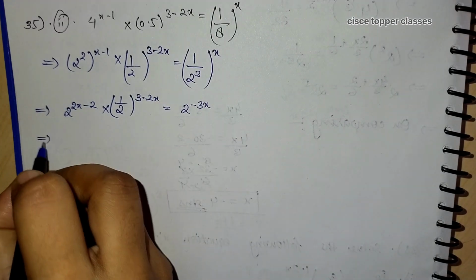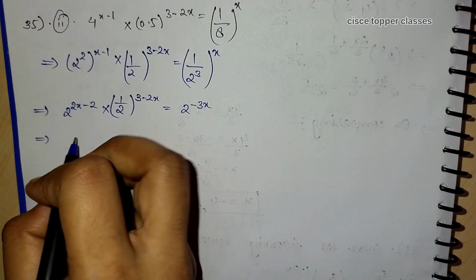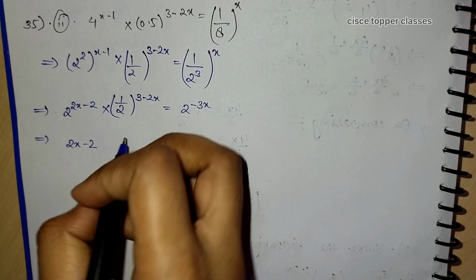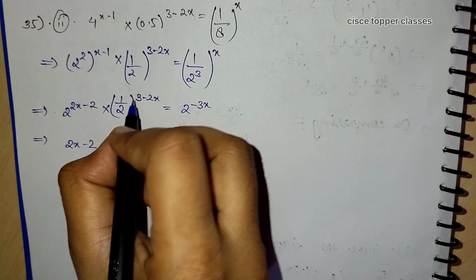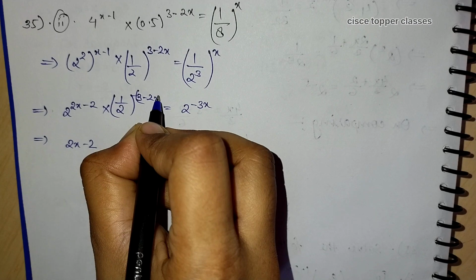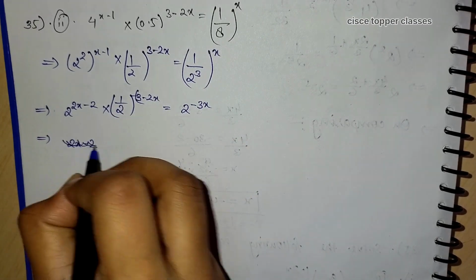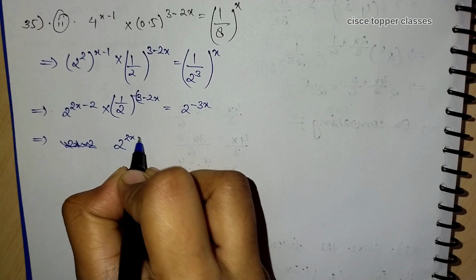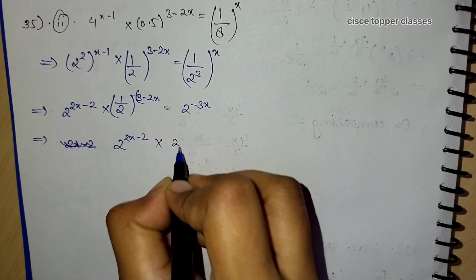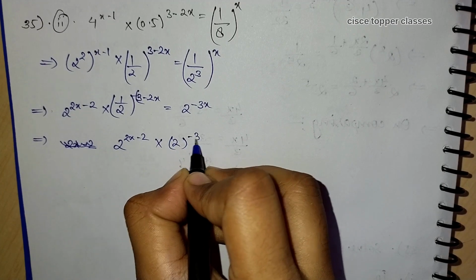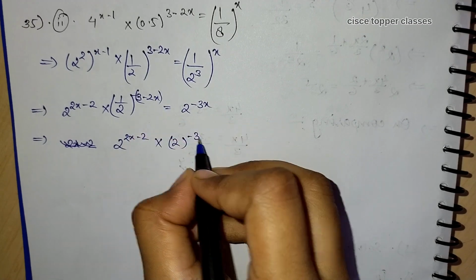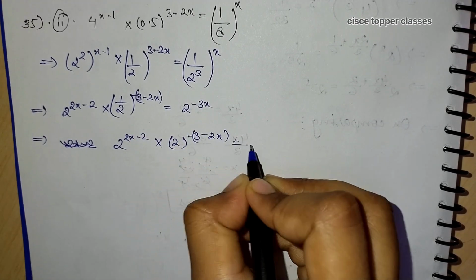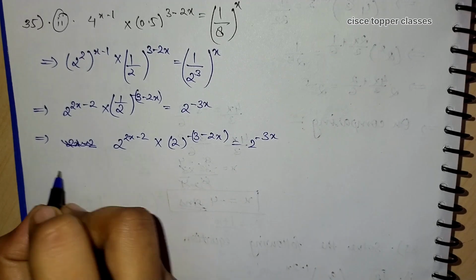Now on comparing the powers, 2x minus 2 here, and it is minus 3x. Firstly we will write it in this form only. So it will be 2 to the power 2x minus 2 into 2 to the power minus 3 and minus 2x, equal to 2 to the power minus 3x.